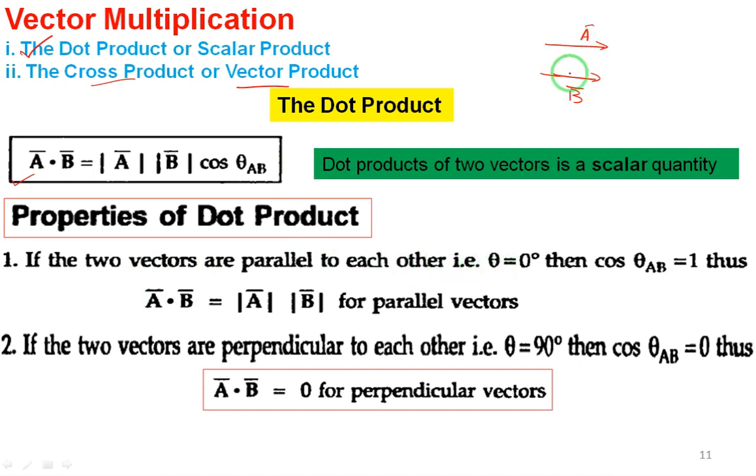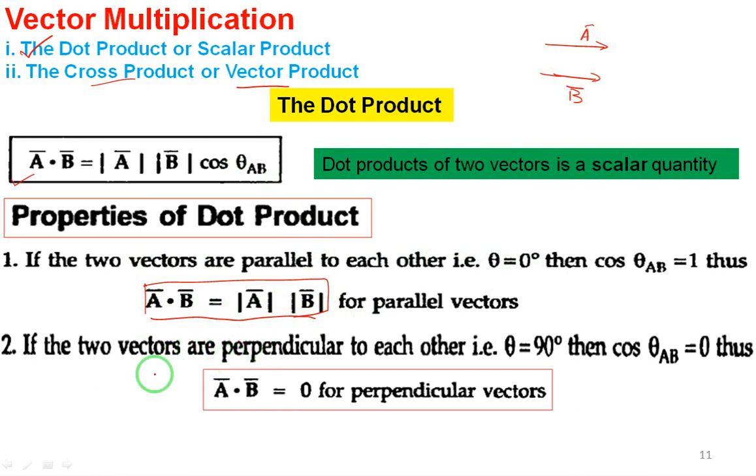Theta is 0 degree, because if you coincide vector A with vector B and measure the angle, it is 0 degree. Then use the mathematical definition of dot product. Cos 0 is 1, so A dot B is just the multiplication of their magnitudes whenever the two vectors are parallel, because cosine of 0 is 1.